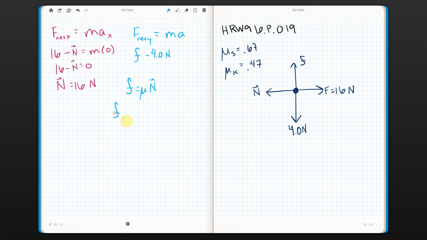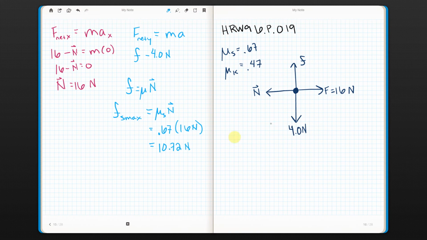So the maximum static friction is mu s times N, which in this case is 0.67 times 16 newtons. Okay, put that in a calculator, and I get 10.72 newtons. That is way more than the weight of the block.